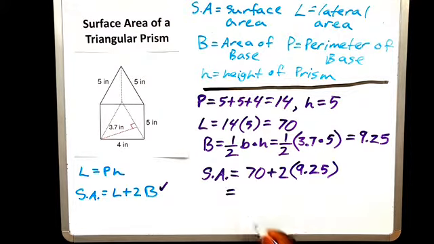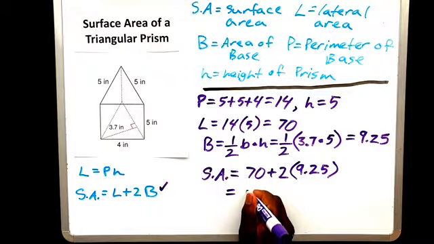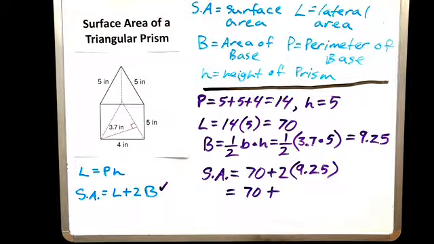So we bring down 70 plus 2 times 9.25. Let me get a calculator here. 2 times 9.25 gives us 18.5.